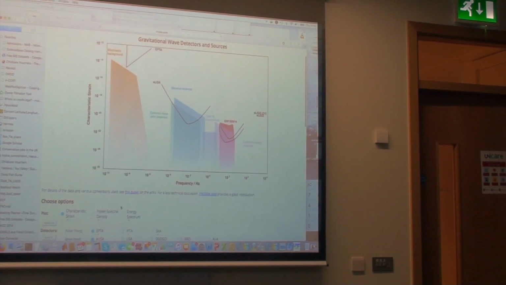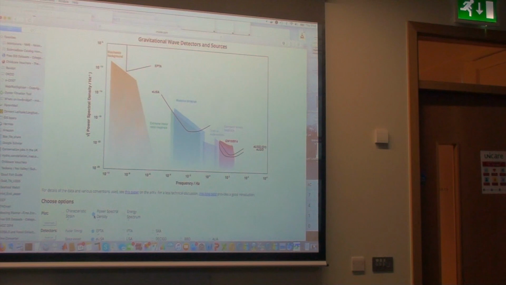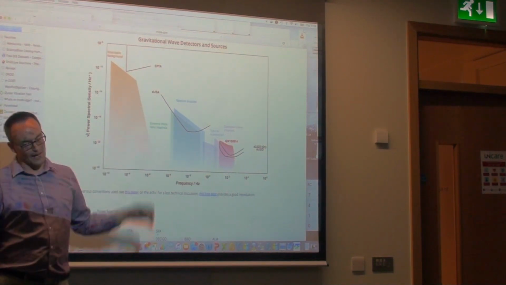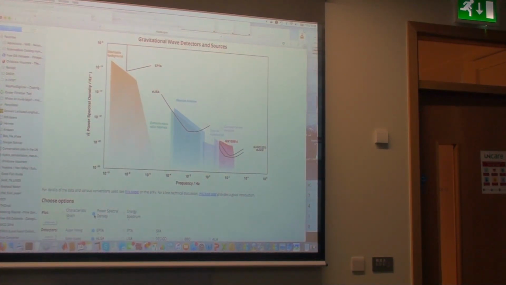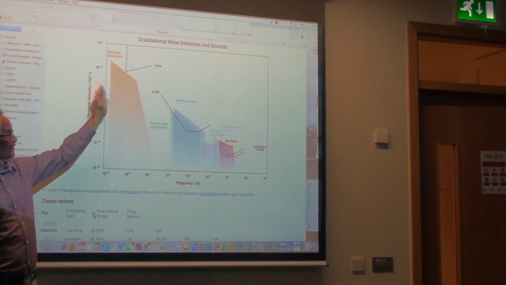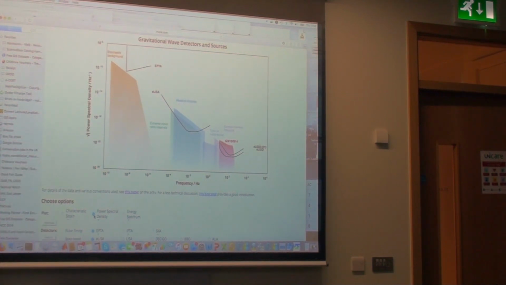Now you'll see that if you change to power spectral density, the curves become a bit steeper at low frequency. That's because going from characteristic strain to power spectral density, you're removing this factor of f, so you're increasing the quantities at low frequency.